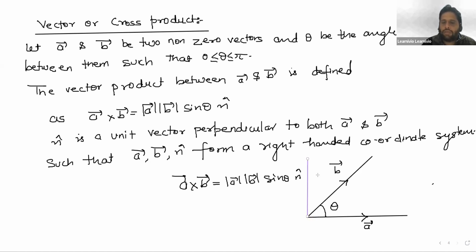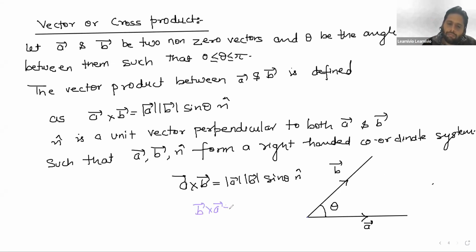This n cap will be perpendicular to both A and B. And what is meant by right-handed coordinate system? It means if you put your fingers in the direction of A and go towards B, then the thumb will give you the direction of n cap. So in this case, the direction is outside your screen. What happens if you find B cross A?